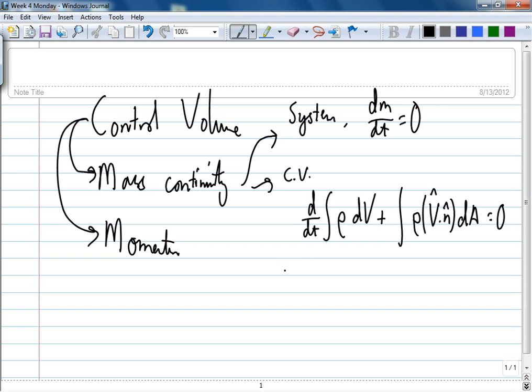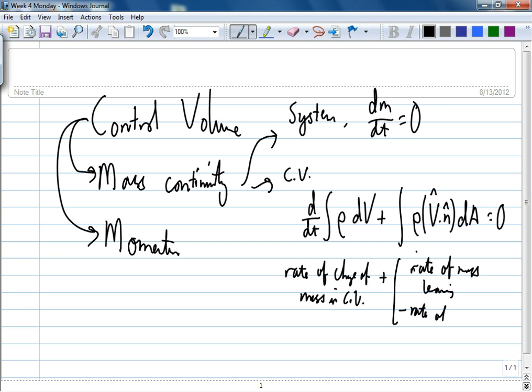This first term is the rate of change of mass in the control volume, plus the rate of mass leaving, minus the rate of mass entering, equals 0.